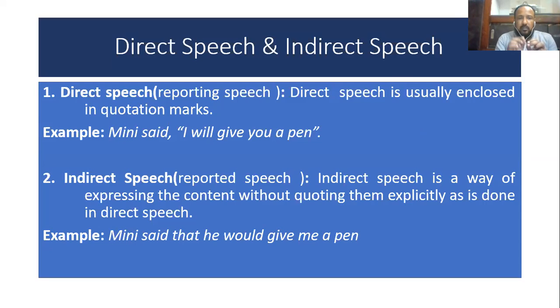Direct speech is also called reporting speech, one who speaks. And the second one is indirect speech. When we speak and those words are expressed by someone else, we term those expressed words as indirect speech, and we term indirect speech as reported speech.